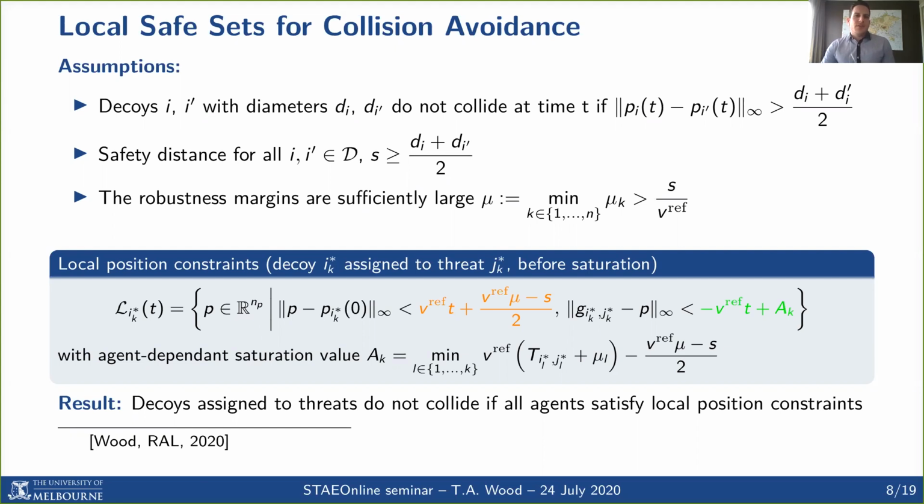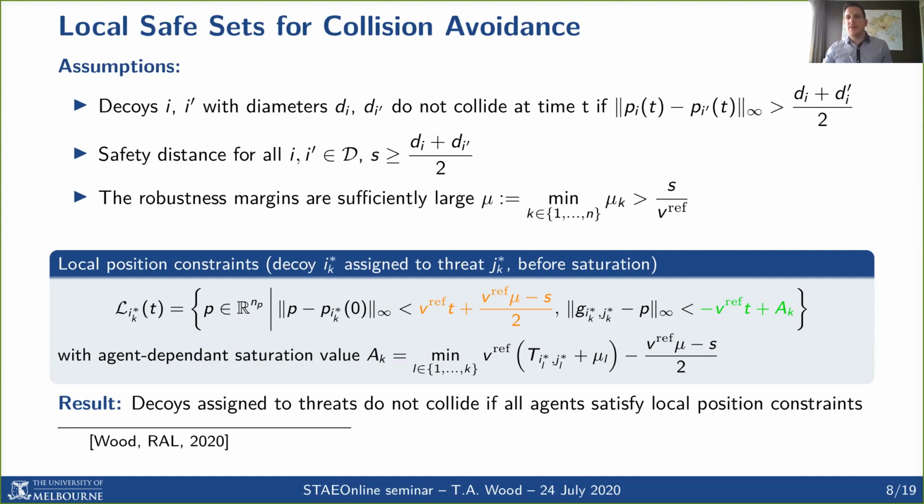So for this, we first assume that two agents, or 2 decoys in this case, have some finite extent, but we assume we know their diameter, and they do not collide if they are sufficiently far apart.